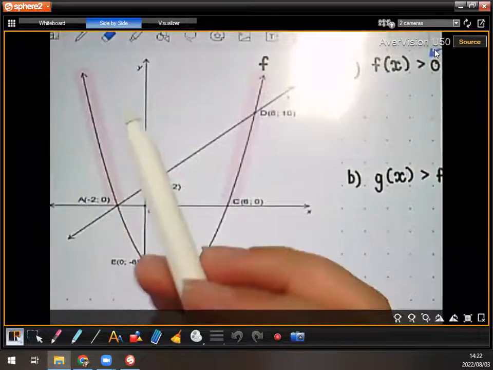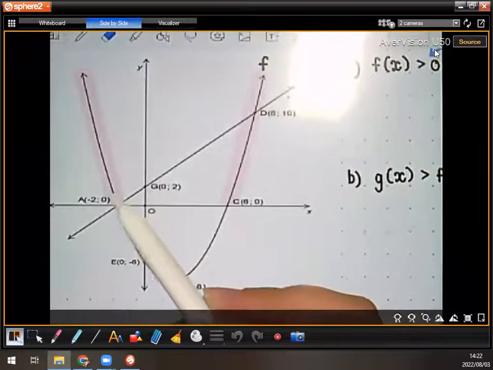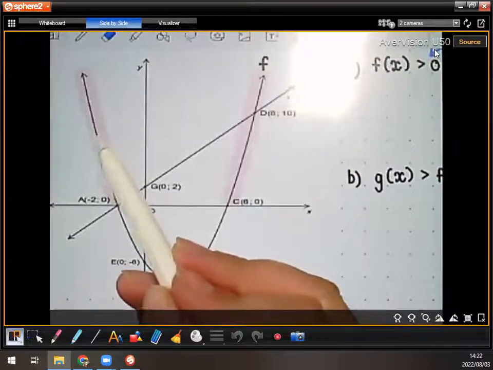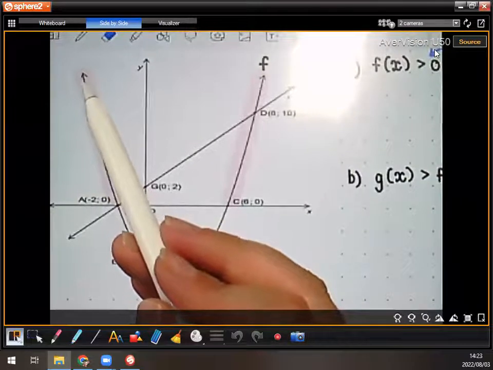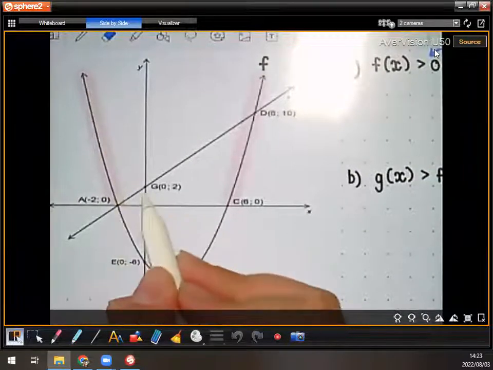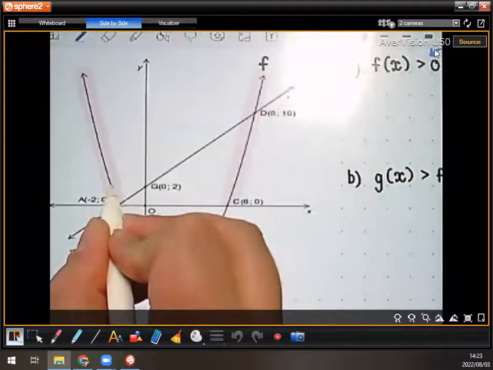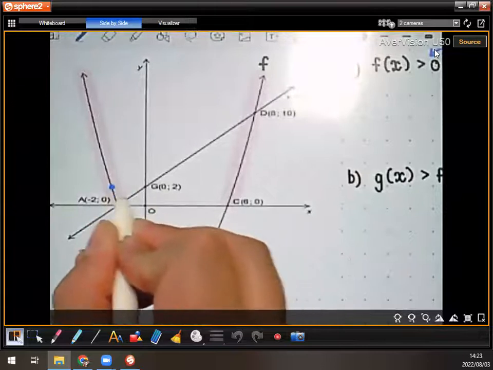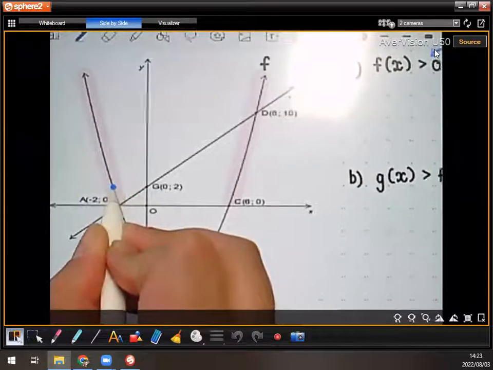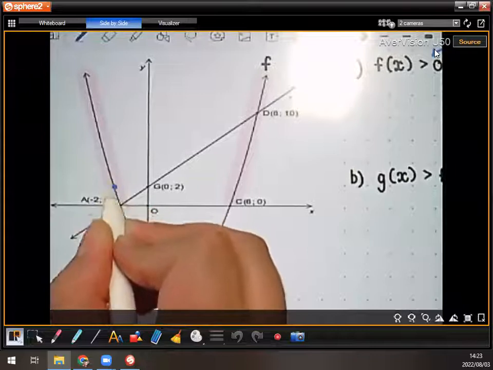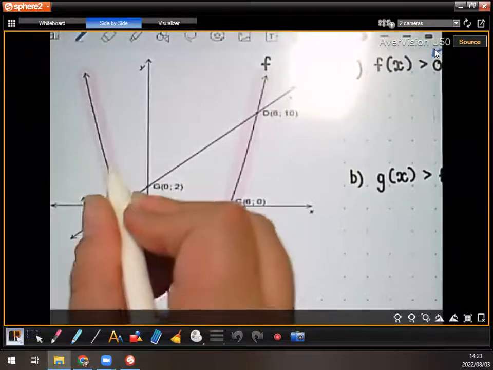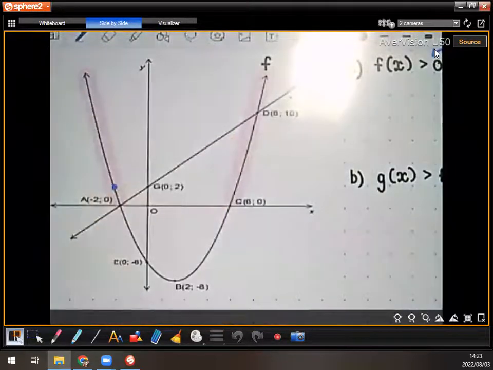Right? Guys, if you have to read off the y values of every single point on this highlighted part, they would all be positive. What if I'm looking at this point over here? You don't have to put this in, but if I'm looking at that point over there, it's perfectly in line with that point. That will have a y value of 2, which is positive, right? Above it, somewhere you'll have a y value of 3 and 4 and 5, all positive y values.